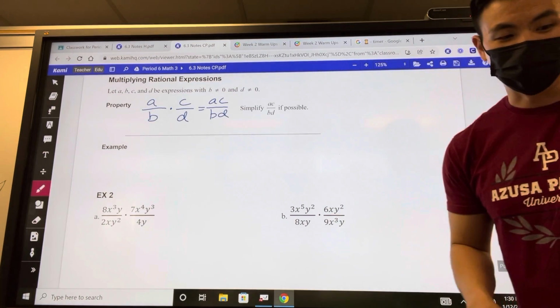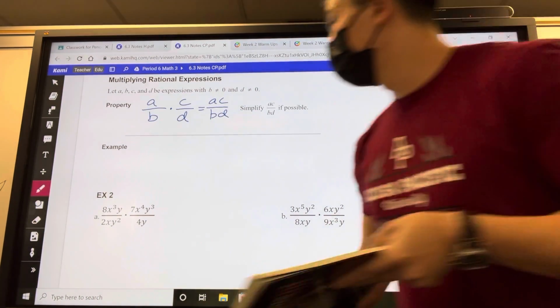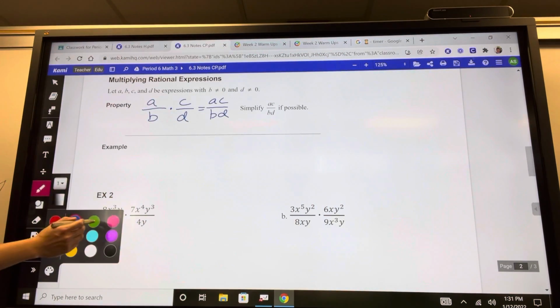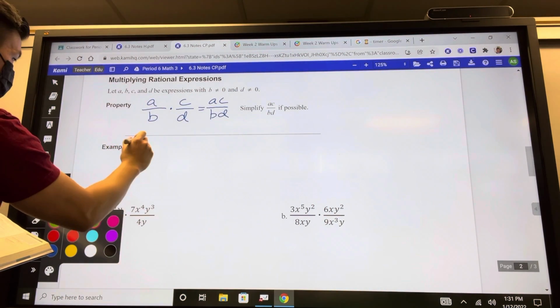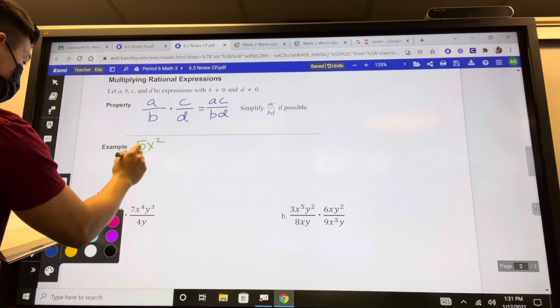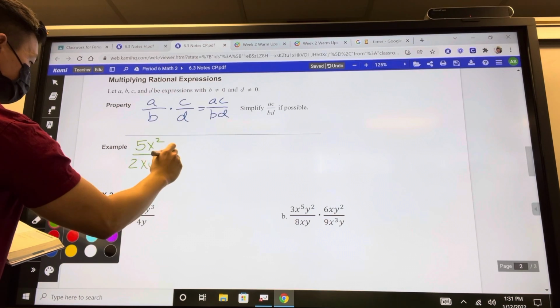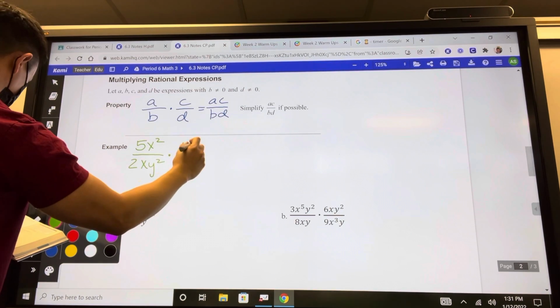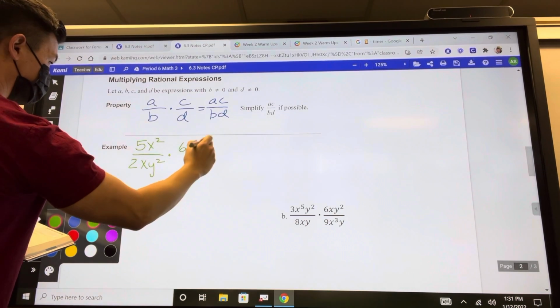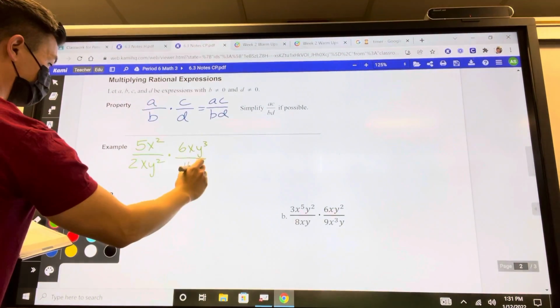So for example, I'm going to give you guys a full example here. Let's say I have 5x squared over 2xy squared, times 6xy to the third over 4y.